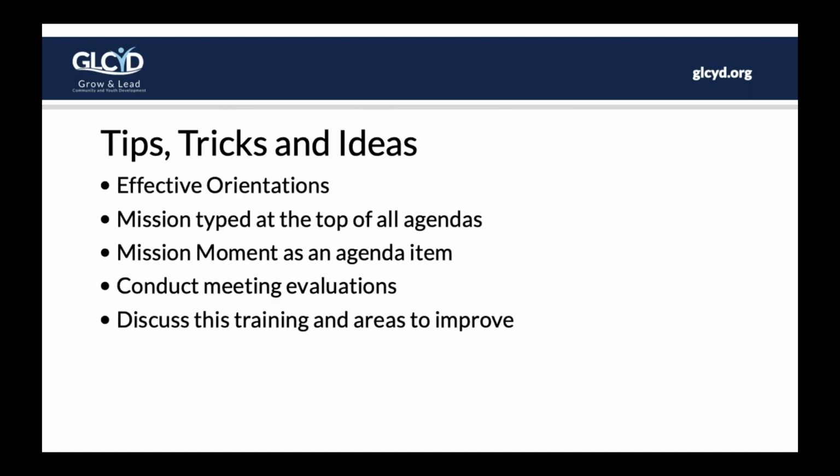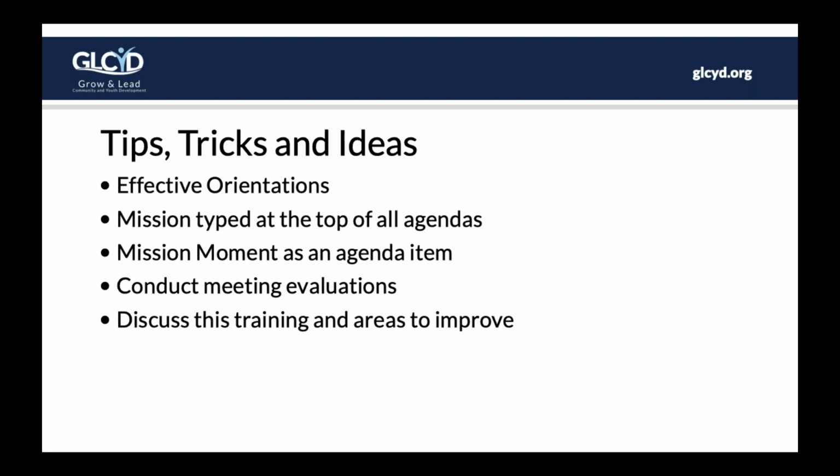Okay, so tips that we've found that really help when you're talking about having an effective and functioning board is to have an effective orientation. In other words, if you're a new board member or you've been on your board for a long time, make sure there is effective orientation happening for new board members.